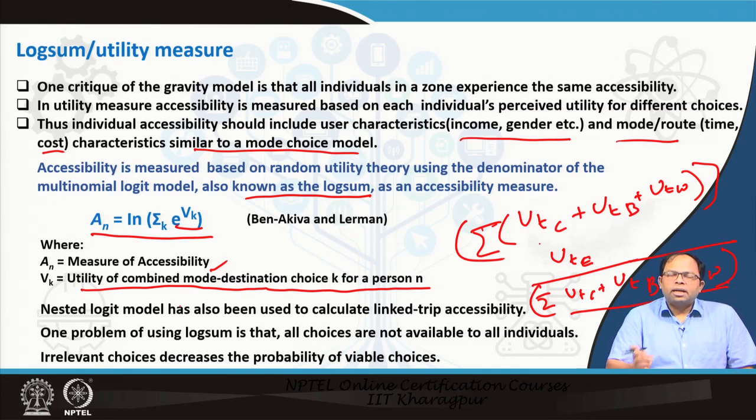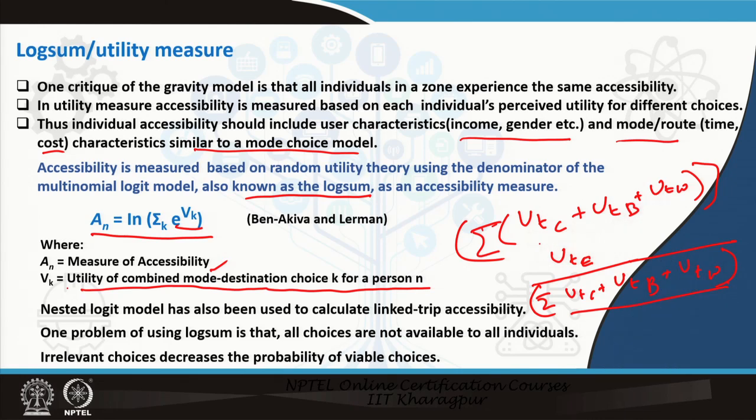That means for a particular destination we can only choose certain kinds of mode, and we could have different kinds of joint choices, each one having different utility, and using that we can derive this particular measure. Along with this, we can also go for a nested logit model. Again, we will explain the nested logit model later on.